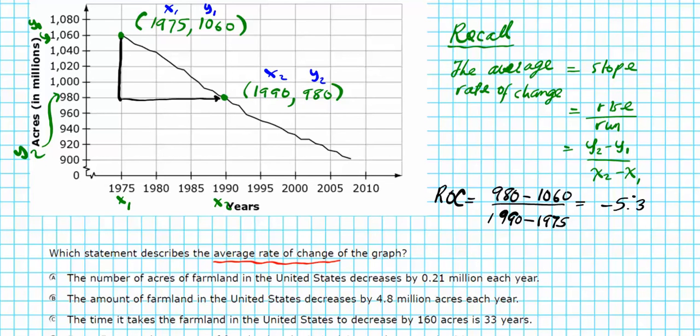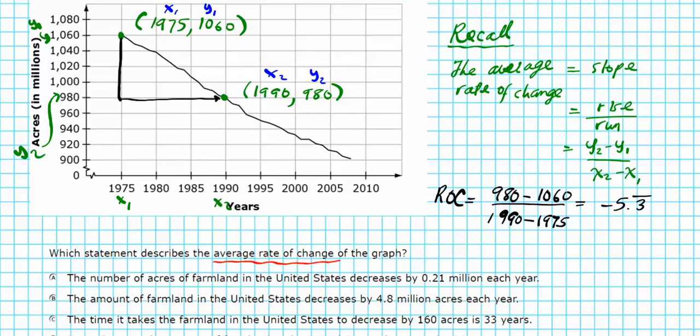So what does this mean? This means that the acres decrease by 5.3 million each year. Let's write that down. The acres, or amount of land.